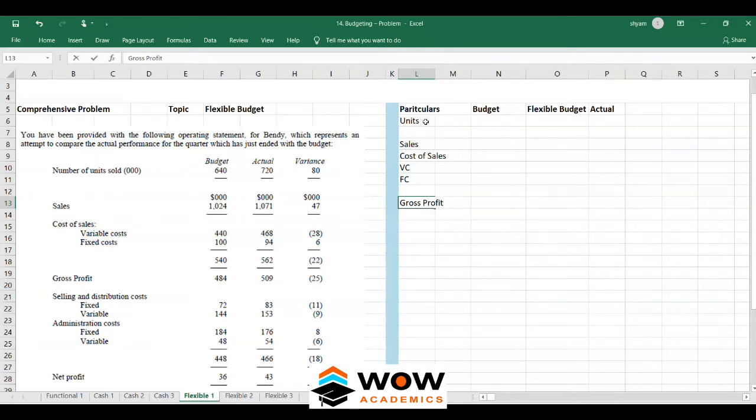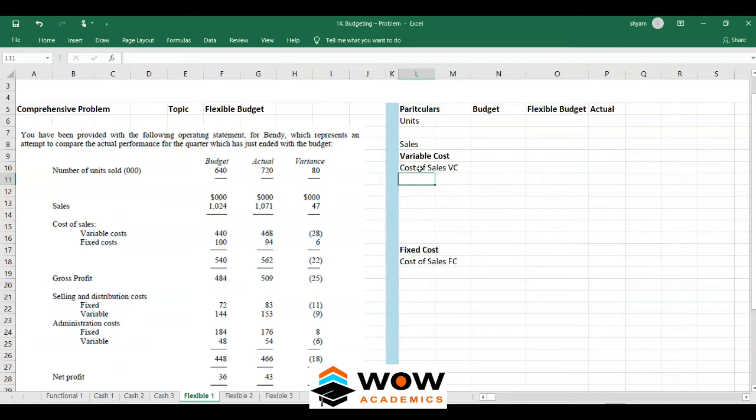So we don't need to work out in gross profit terms because that again goes to kind of financial accounting terms. What we'll do is we can work out in terms of marginal costing statement. So what we could do is, first we can have all the variable cost, then we can have the fixed costs. I think that would work well.